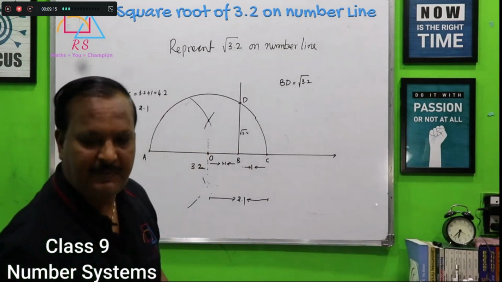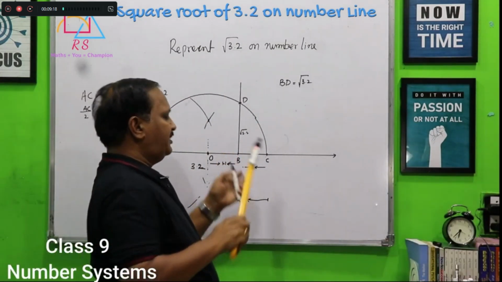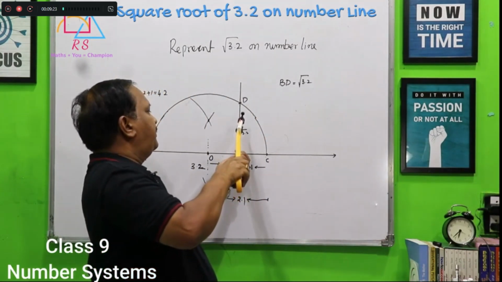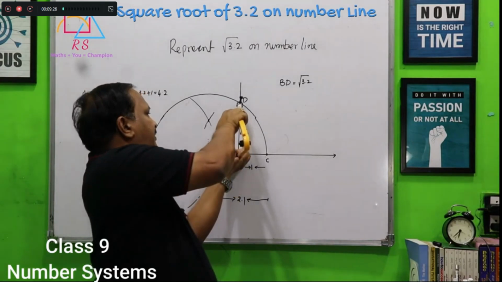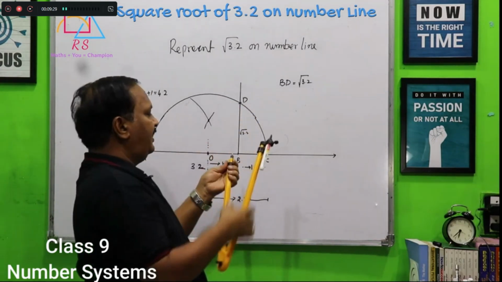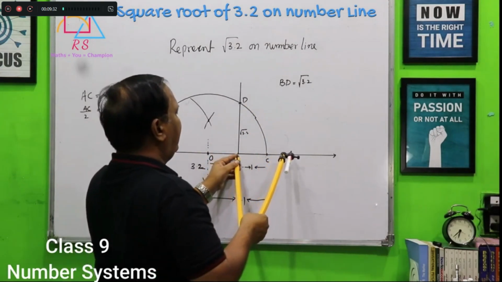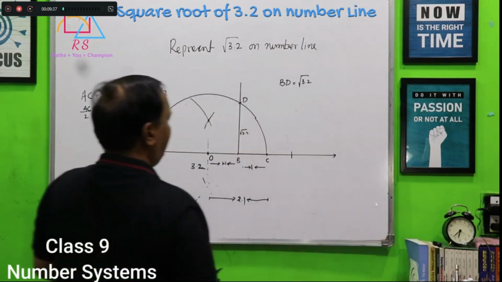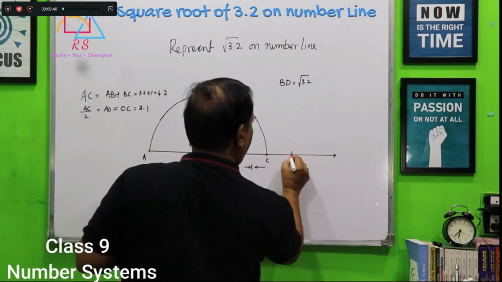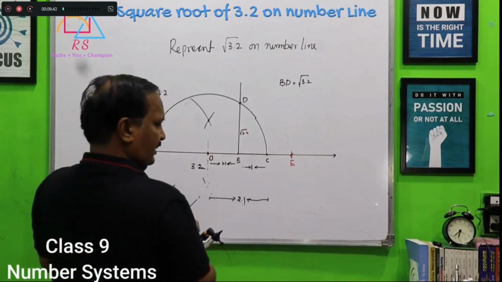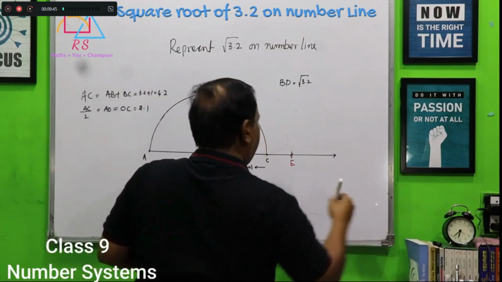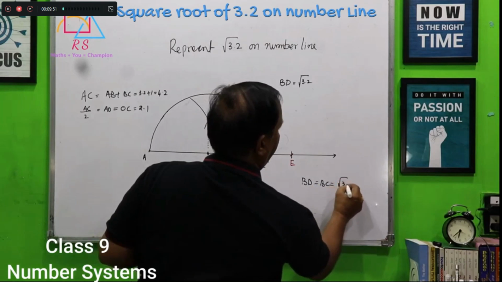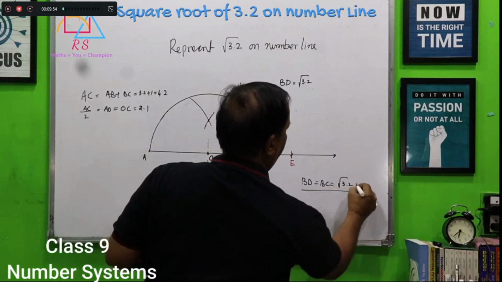you have to take the compass again. Measure this BD, measure BD with the compass, and then from B draw an arc on it. And then let us say we have E. This is E. Okay. And then BD is equal to BE is equal to square root of 3.2 units.